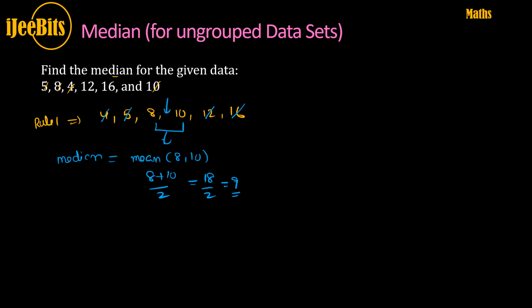You can have a thumb rule, right? Number of observations. How many here? 6 observations. So when you have an even number, how do you get a median? The median would be obtained like this: if it is n by 2 and n by 2 plus 1, the mean would be your median.